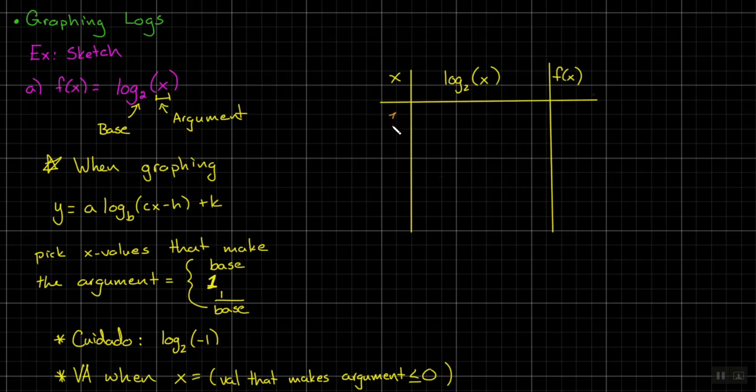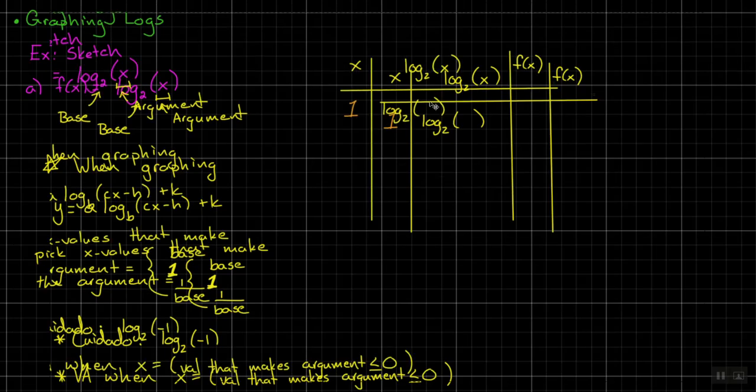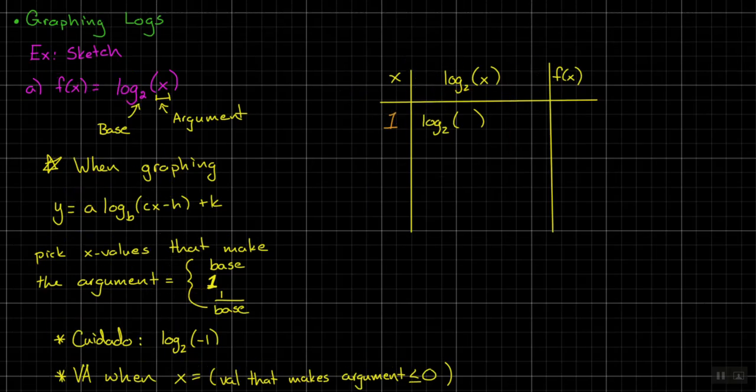Done. It's a 1. If I do this, and we do our 3 columns, we get log base 2 of, what does my argument become? 1.